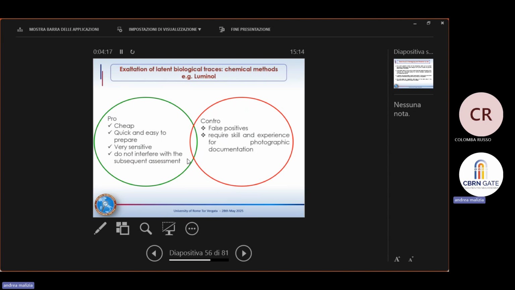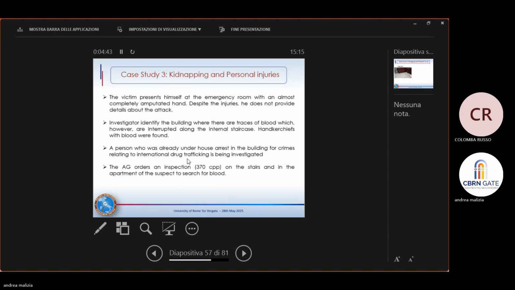That means that you can have false positives. Also, the reaction of the luminol is very quick. So you will have a spot of light that can be documented by a photo. So you require some skills and experience in doing this. It's not easy.